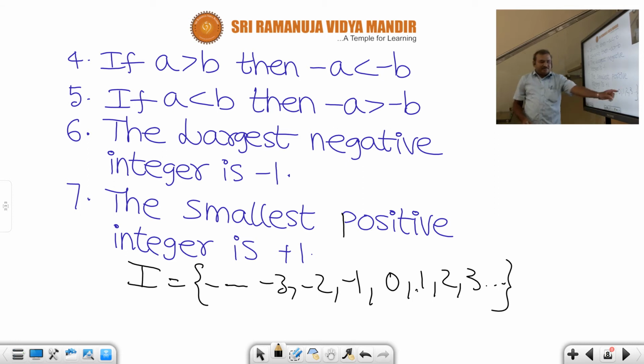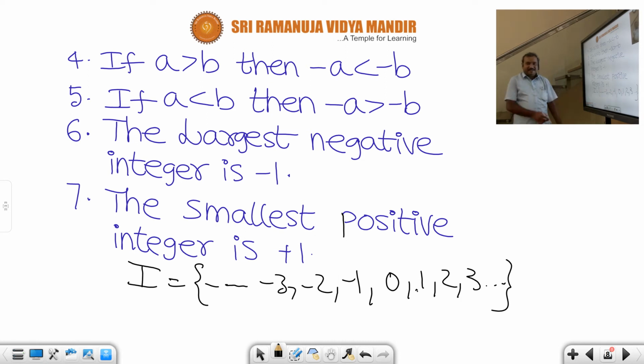Negative integers are -1, -2, -3, -4 and so on. So the greatest negative integer is -1.